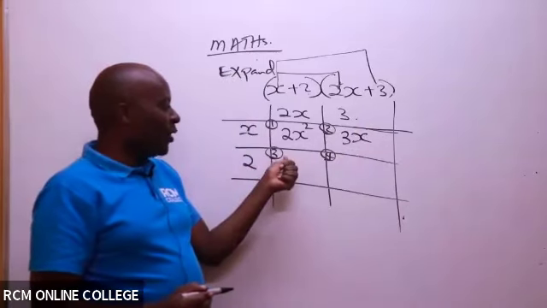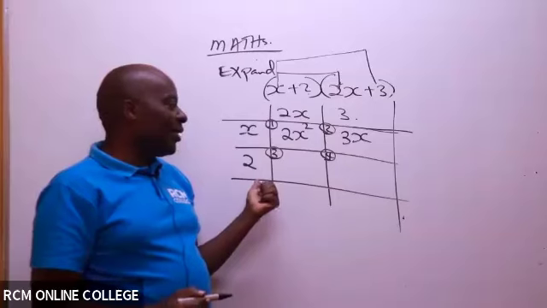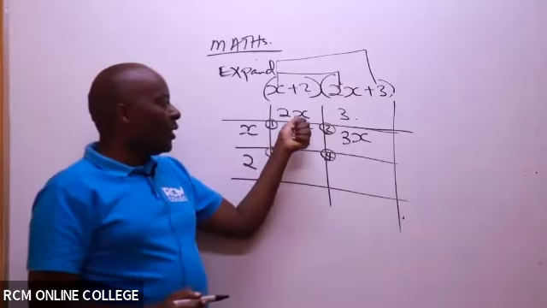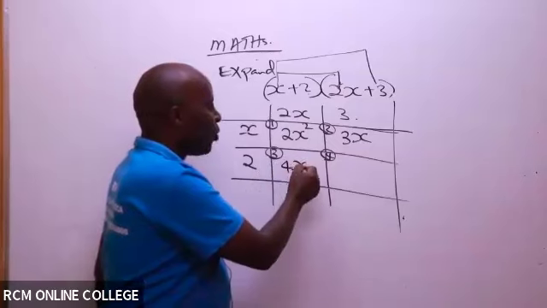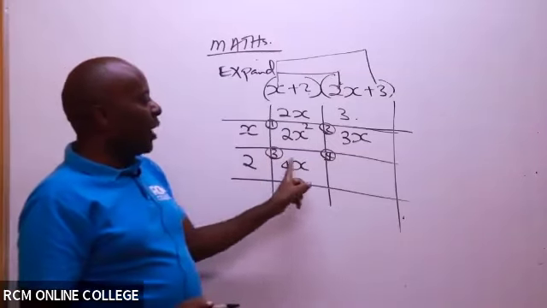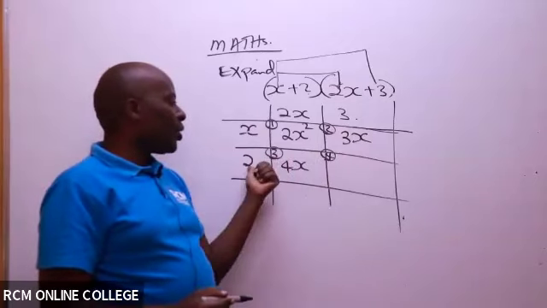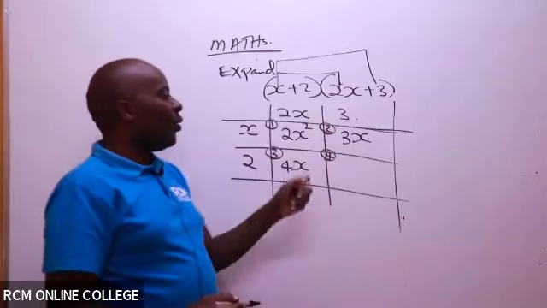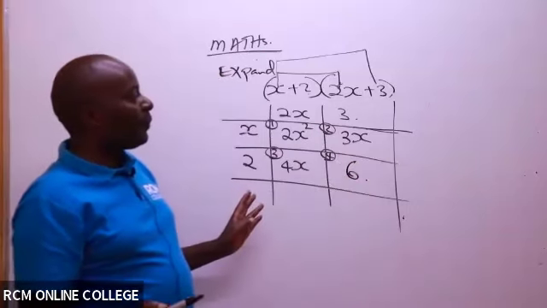You come to square 3. Look at the externals that are meeting. So we have these 2 and these 2x. That gives us 4x. Then lastly, number 4, externals meeting. It is 2 versus 3, which gives me 6, just 6.